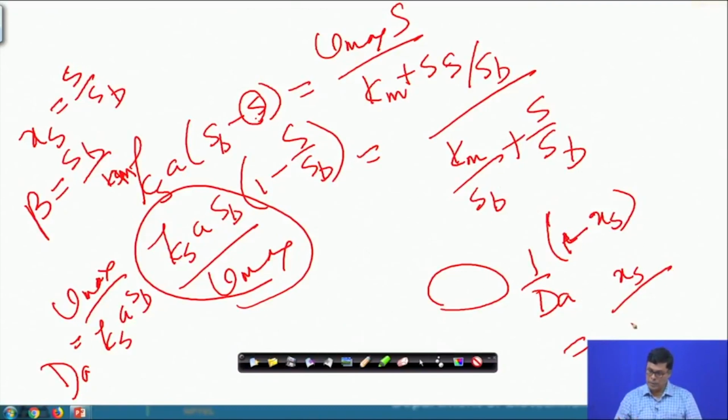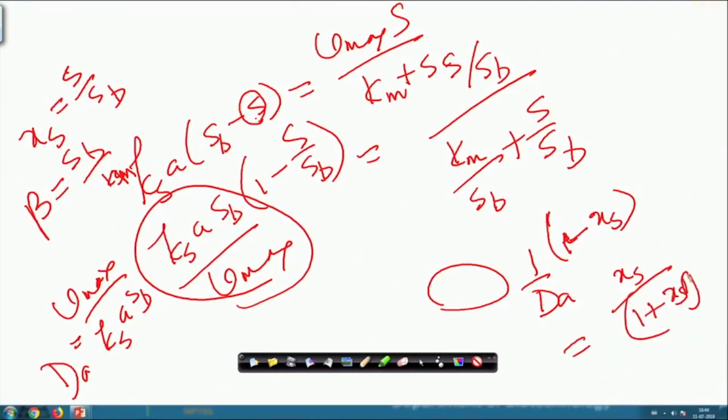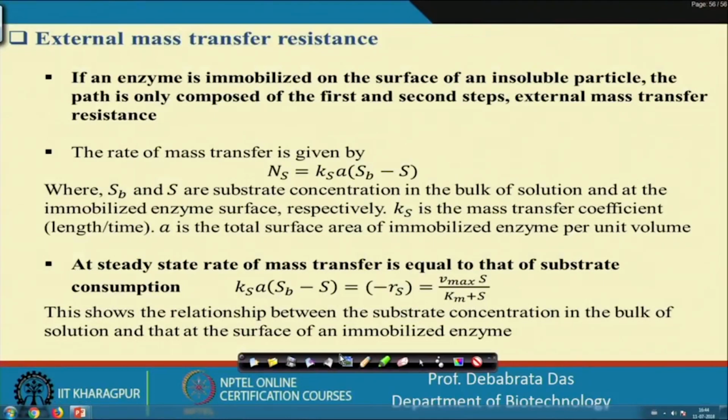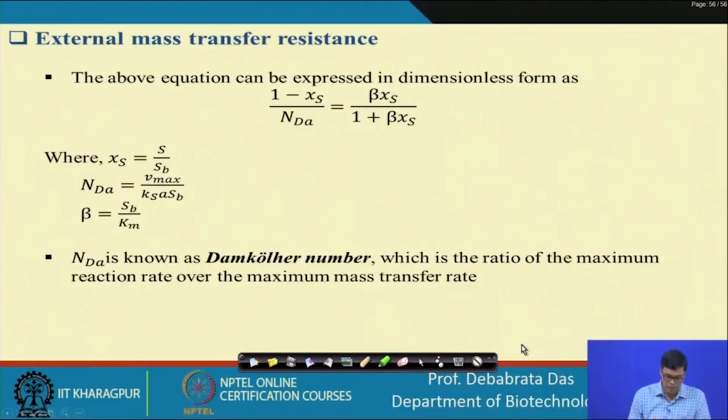Am I right? So I can write 1 plus Xs beta, and this beta will come here. So we have derived this equation, and Da is known as the Damkohler number, which is the ratio of the maximum reaction rate over the maximum mass transfer.